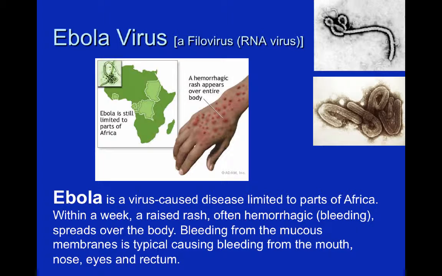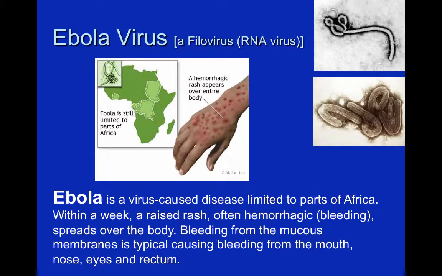When you are infected, within a week, you will develop a fever, a raised rash, internal bleeding, and the bleeding from the mucous membranes is typical, causing bleeding from almost every orifice, so the mouth, nose, eyes, and the rectum. It seems to be transmitted through bodily fluids, but it is a very hardy virus outside of the human body.